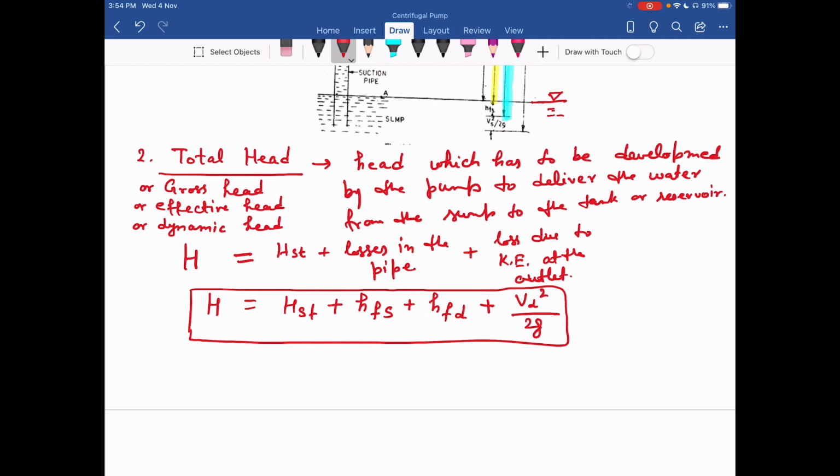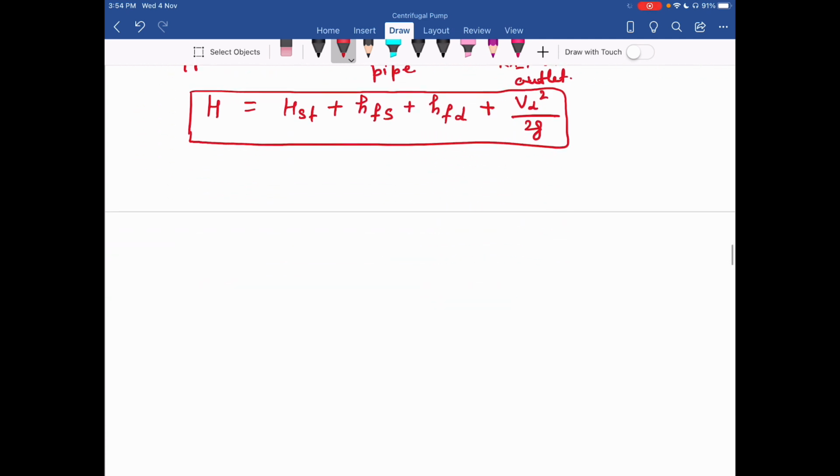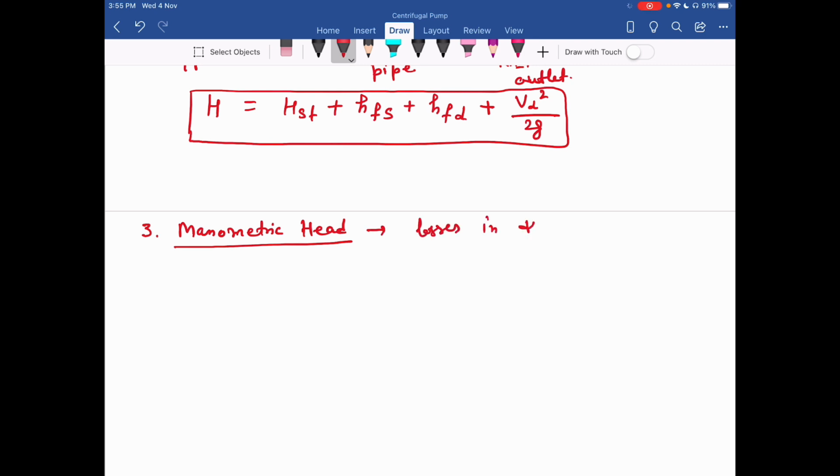Then next head in centrifugal pump is the manometric head. So it is not possible to measure exactly the losses in the pump casing. So it is very difficult to measure the losses in the casing of the pump. So a term that is known as manometric head is introduced.